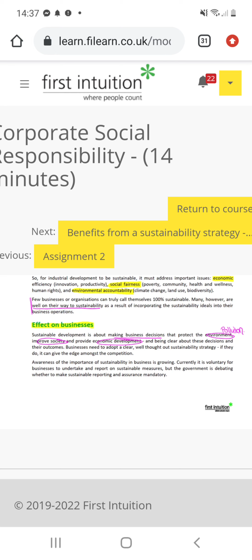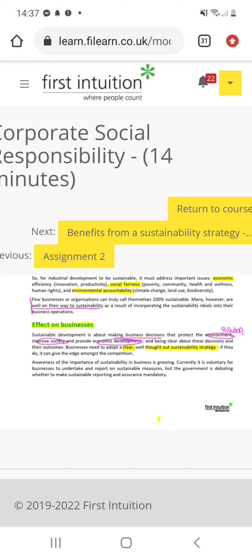Businesses need to adopt a clear, well thought out sustainable strategy. And this should give them the edge amongst competition. And all businesses want that. So CSR should be woven into the culture of an organisation.